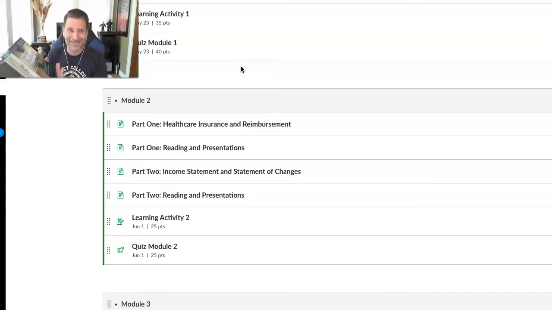Just do the best you can. Don't freak out completely because it's written for both undergrad and graduate courses. But it is a great book. Has plenty of depth in there if you want it. But it worked out. We have the first half is accounting, the second half is finance in that textbook. It just worked out perfectly. 8 chapters. Great. So we've now gone to the 7-week format.